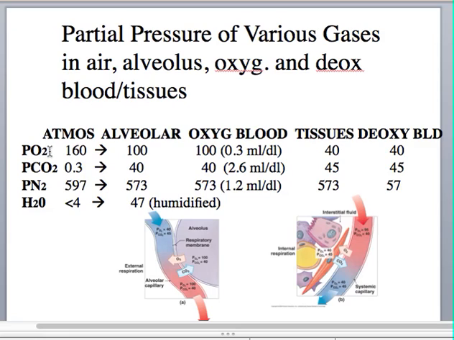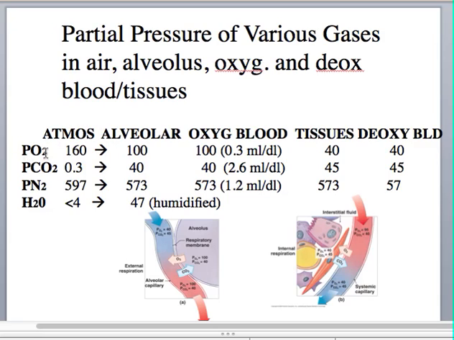PO2 means the partial pressure of oxygen, PCO2 means the partial pressure of CO2, PN2 means the partial pressure of nitrogen gas, and water is just water vapor. These are the gases that are in the atmosphere, the air. Okay, so just look at these. You do not have to memorize these. Do not get scared of this little table. This is just for informational reasons, or just to look at.